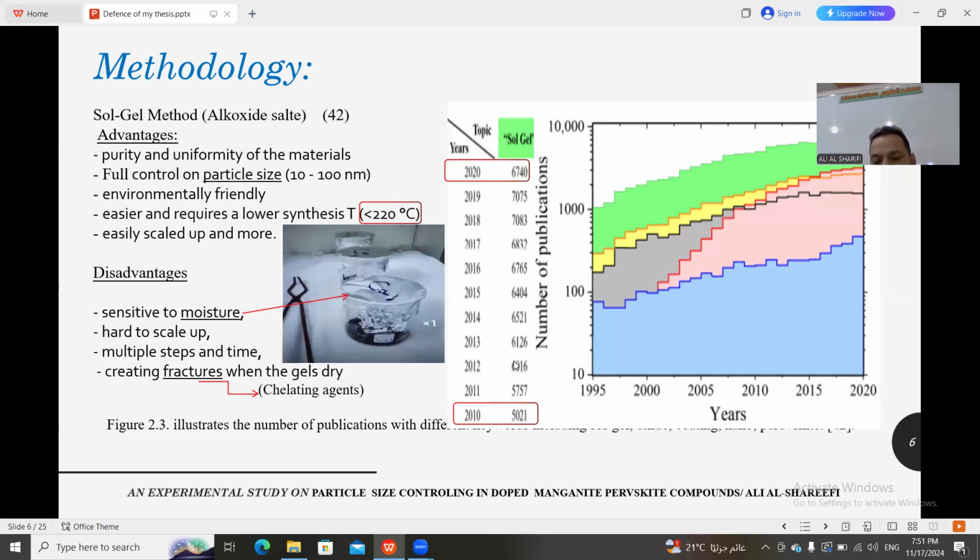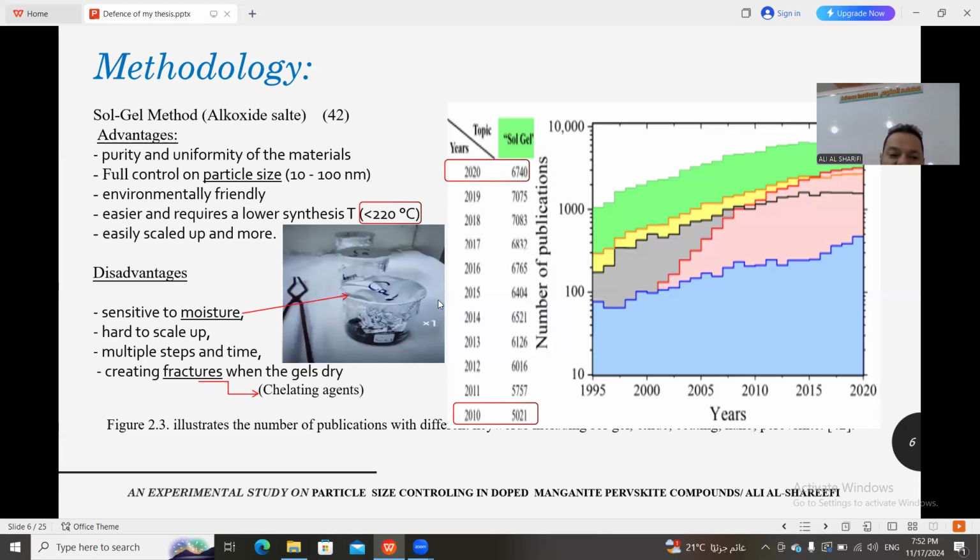And like any method in our life, it has another side, the disadvantages. The most important thing in the sol-gel method is the high sensitivity to moisture, because of that I used aluminum foil to protect my perovskite powder.